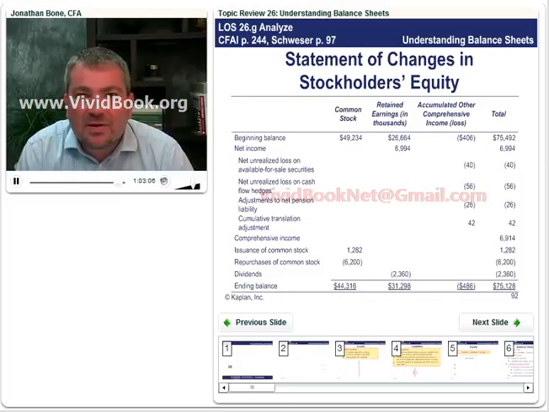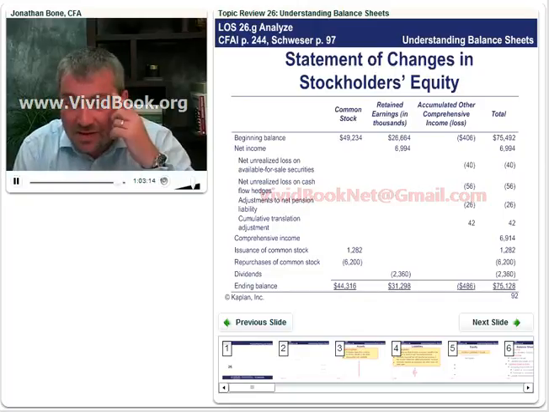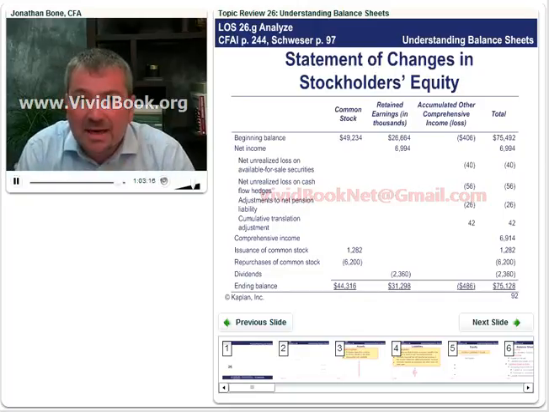So what have we got in our comprehensive income? You'll see the first item, the 40, is unrealized gain or loss, in this case, unrealized loss on available for sale securities. Then we've got unrealized loss on a cash flow hedge. Remember, derivatives held for hedging purposes. Again, you don't really need to know that until we get to level 2. Adjustments to pension liabilities.